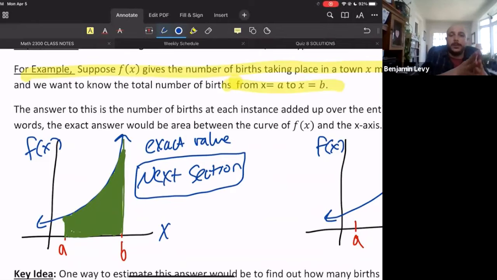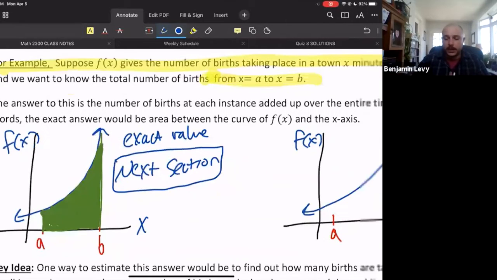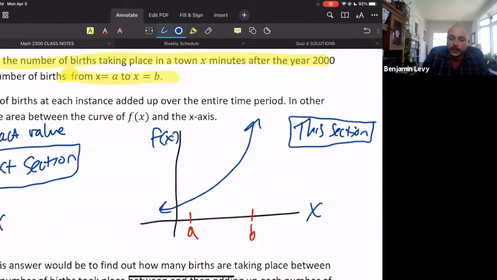So let's just come up with a formula of a shape we know, like a square, for example, or a rectangle, and estimate it with a bunch of rectangles instead. And so in this section, what we do is we estimate it using area of rectangles.